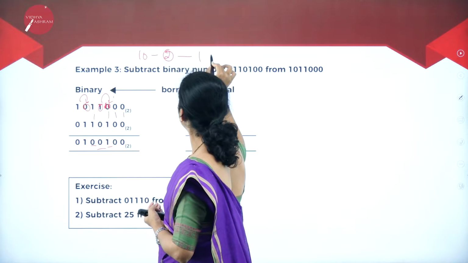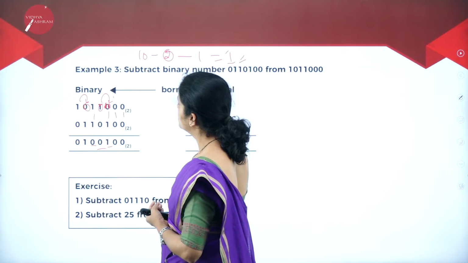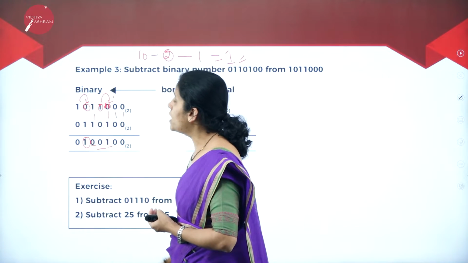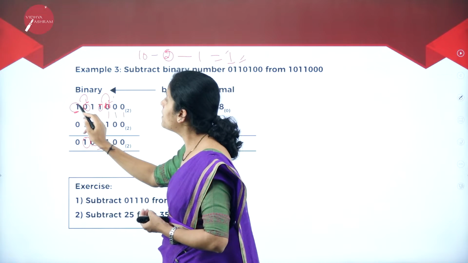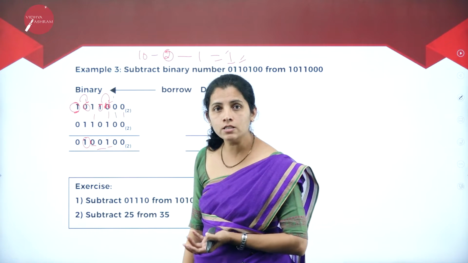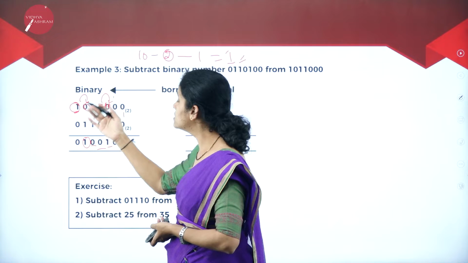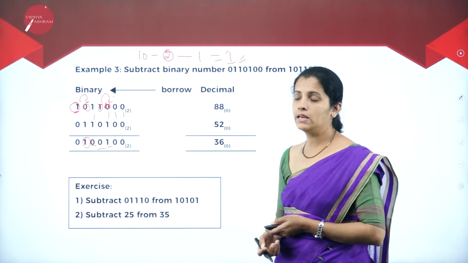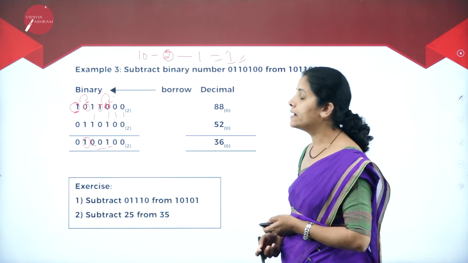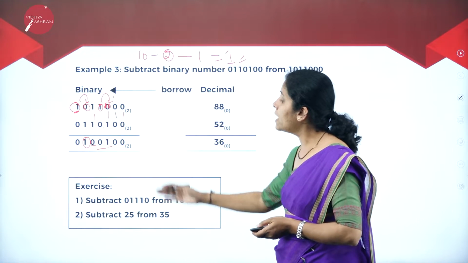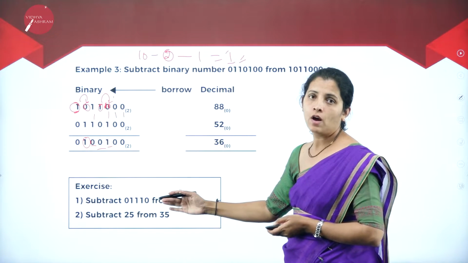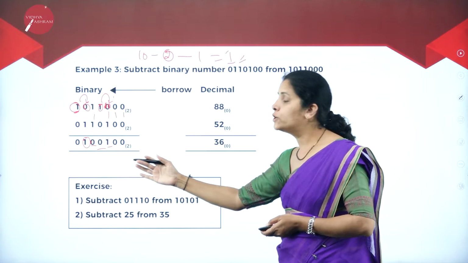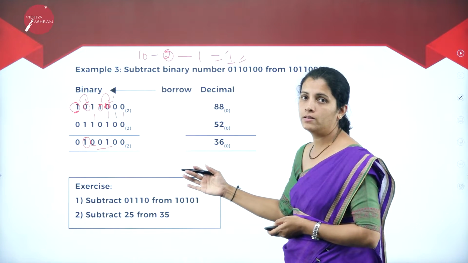Now 2 minus 1, it is 1. Now if I come here, I'm having 0. 0 minus 0, obviously it is 0. This is the way I can perform binary subtraction. And dear student, these are the exercise problems. After watching this video, please try to solve these problems.